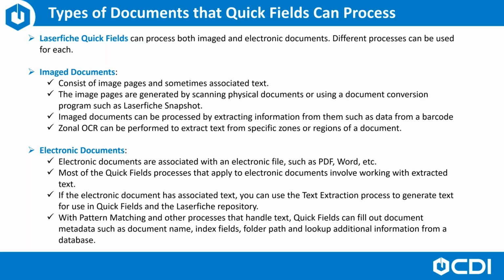If you're going to be processing image documents, those generally consist of image pages. Sometimes there's associated text with those image pages. The image pages are generated by scanning either physical documents or using a document conversion tool such as Laserfiche Snapshot.